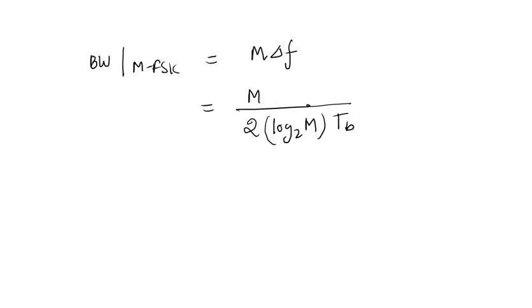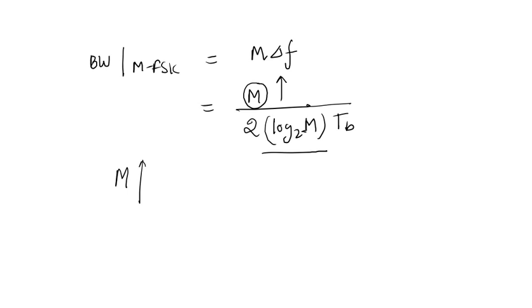One important point here is, if we increase M, for example M is 8, and here n is log 2 M, so the numerator increases linearly, whereas the denominator increases logarithmically.